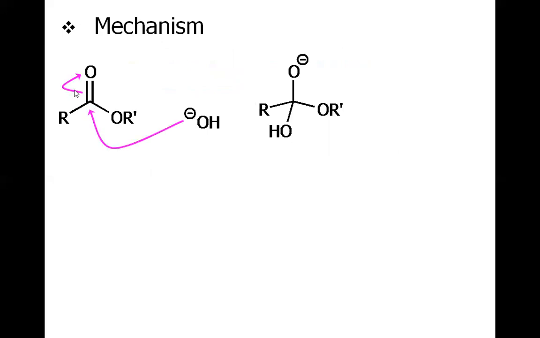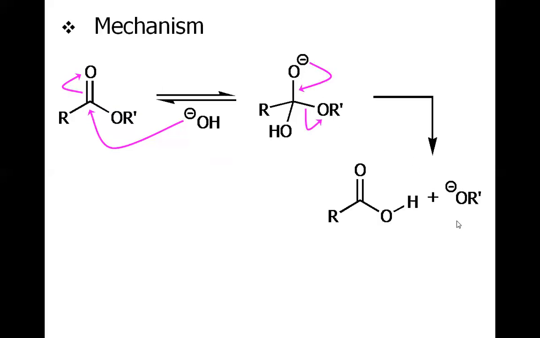So the mechanism is very simple. This time we have no protons, so no protonation will occur. Rather, the hydroxide will serve as a nucleophile, will attack this electrophilic carbon, and we have this tetrahedral intermediate. We have discussed such reactions many times. And then the oxyanion will expel this OR group out of the system as an alkoxide to have this carboxylic acid formed.